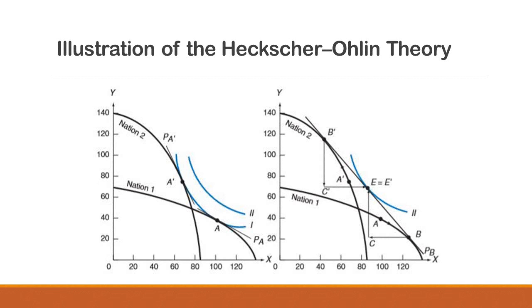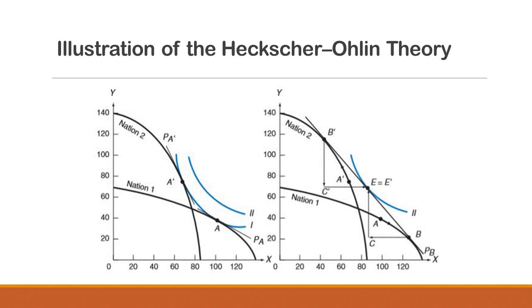Here in the Heckscher-Ohlin framework, we are considering only two commodities. So this is the international terms of trade line. The international terms of trade line PB shows the ratio of the price of the export commodity to the price of the import commodity, and it is very important. The point of production for nation 1 is the point where the production possibility frontier is tangent to the international terms of trade line PB.